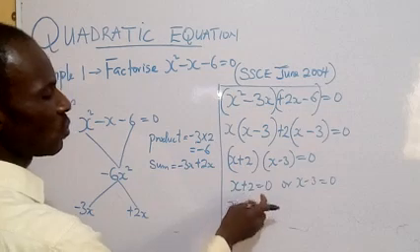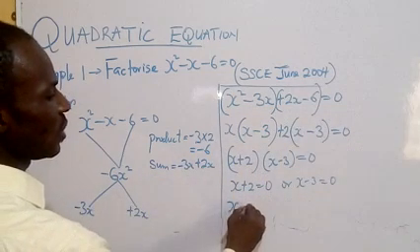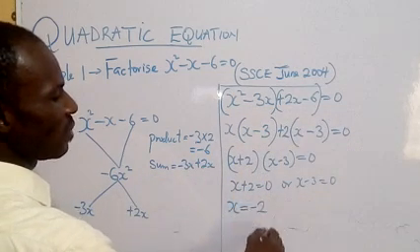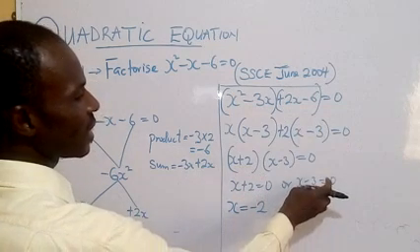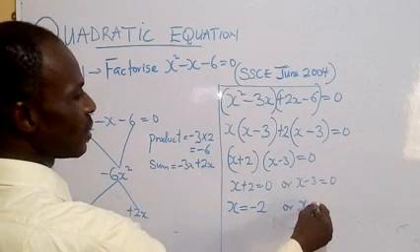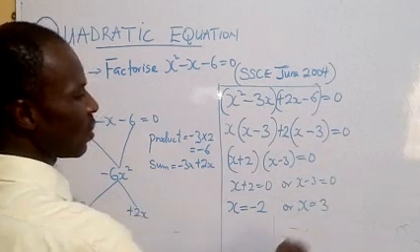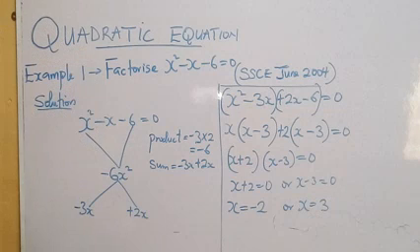Take the plus 2 to the right hand side; it changes to minus 2. Or take the minus 3 to the right hand side; it becomes 3. That is our final answer.